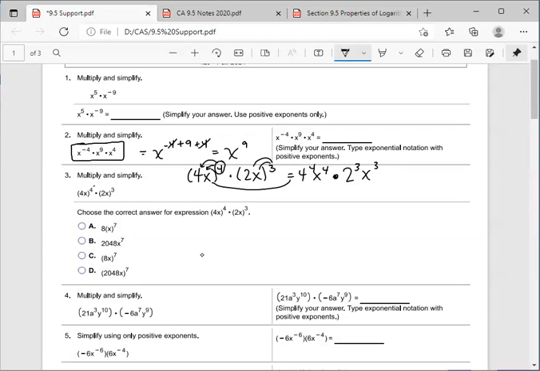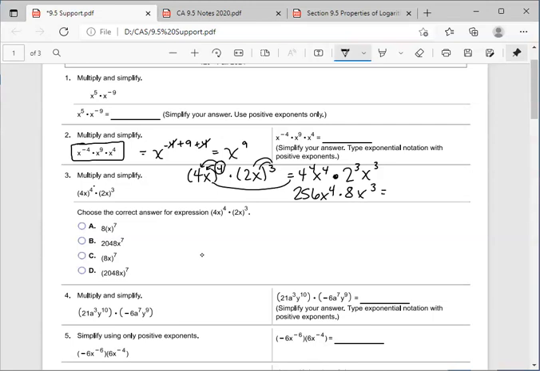Well, you would actually want to figure out what 4 to the fourth is. I do not know that in my brain. So 4 raised to the fourth power is 256. So we have 256 x to the fourth times 2 to the third, that's 8, x to the third.